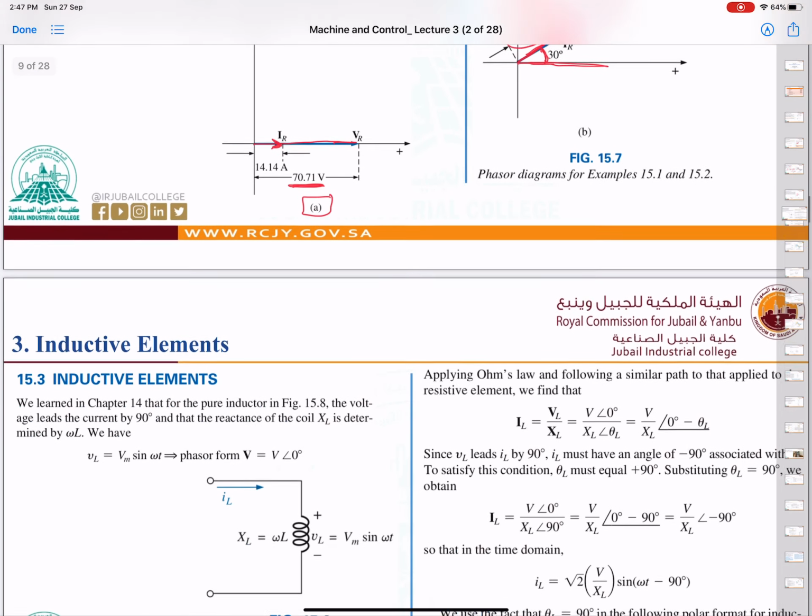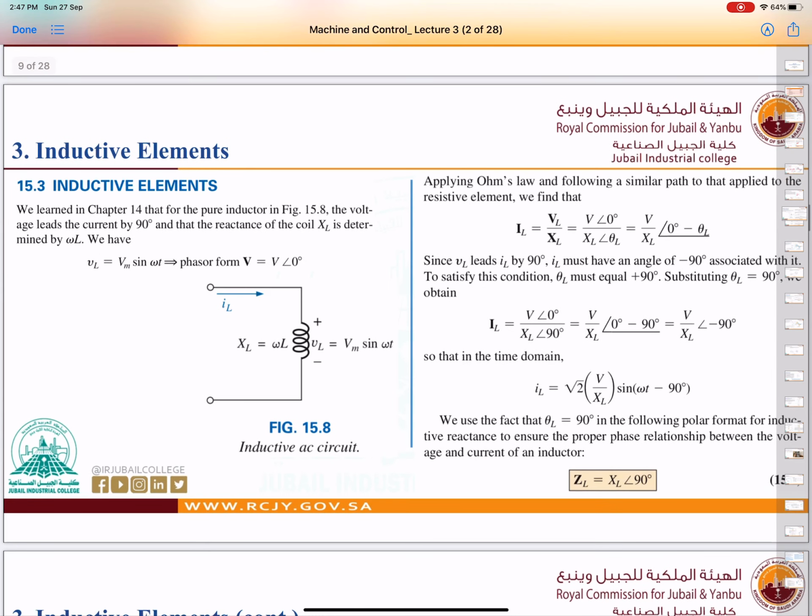now let's go to the inductive element. We learn from chapter 14 that for the pure inductor in figure 15.8, the voltage leads the current by 90 degrees, or the current lags the voltage by 90 degrees, as we already explained.